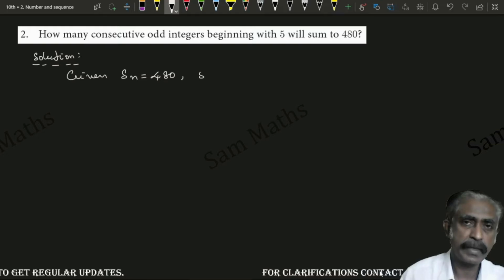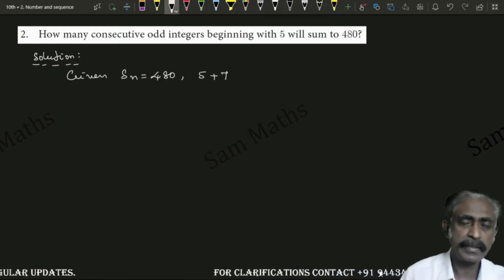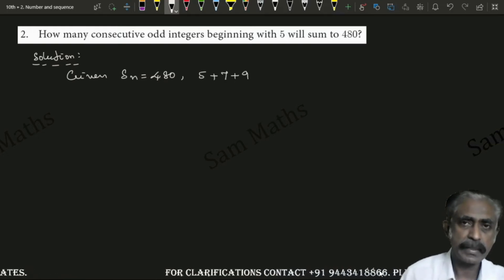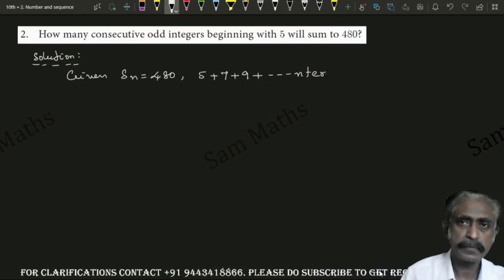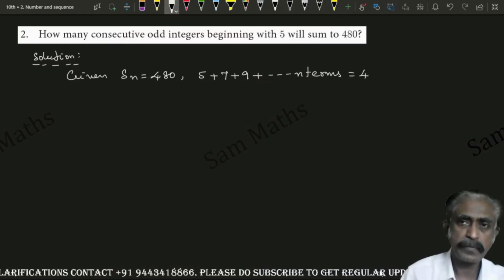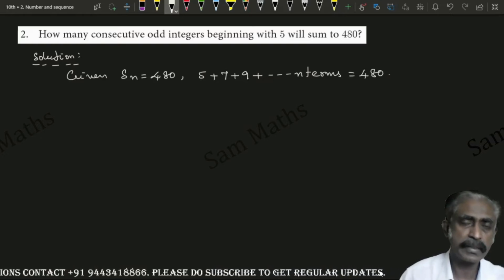So we are getting 5 plus 7 plus 9 plus etc. We don't know how many terms, n terms, equal to 480. Clear, children?